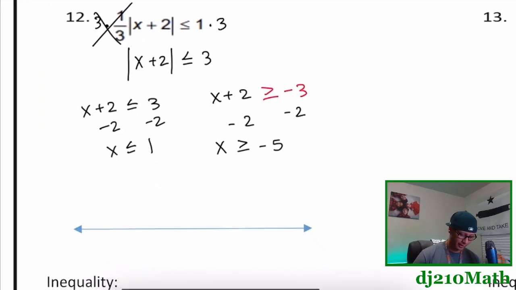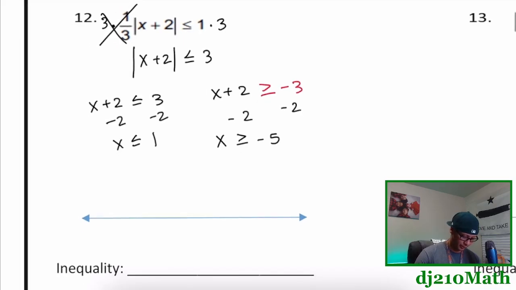Okay, to graph this, we know negative infinity is to the left, positive infinity to the right. We put them in order. 2 tick marks, negative 5, and 1. Okay, this time, because it's or equals, closed circle.